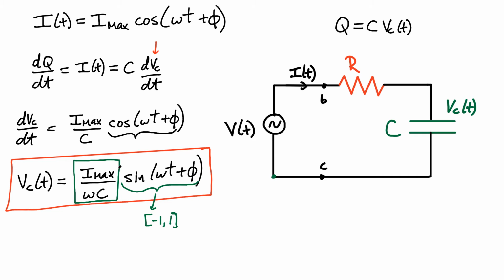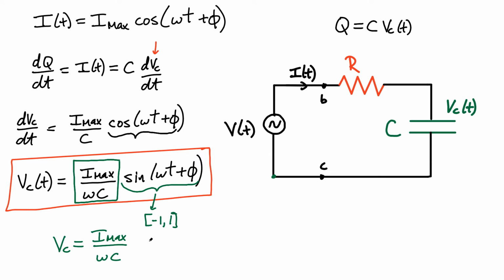So all of the amplitude basically comes from this term over here. So what we're going to do is call this VC, that's just the amplitude, and then you have this time-dependent term over here. So VC is simply proportional to the maximum current, multiplied by this one over omega C term.